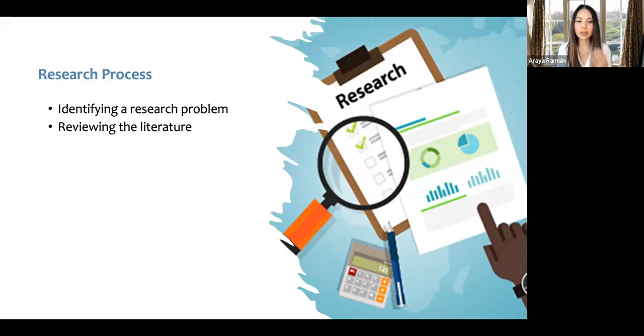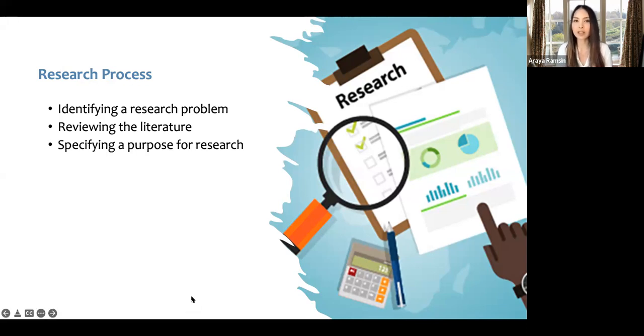Then you selectively choose which literature to include in your review. After that, you summarize the literature in a written report. After you have read a lot, then you know enough about your topic, right?